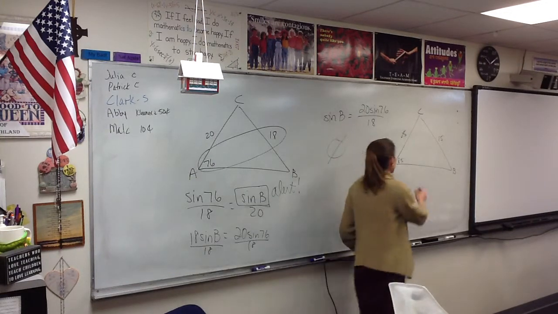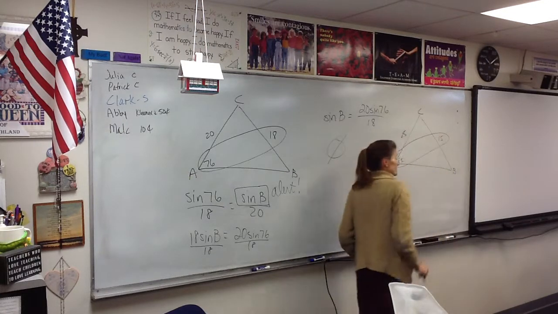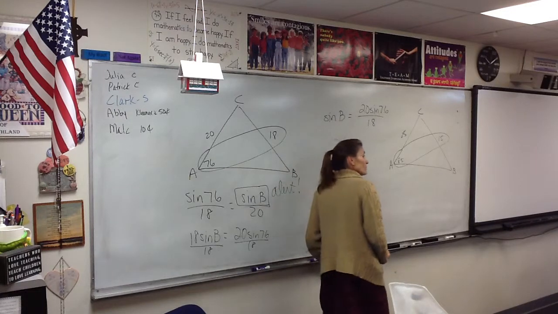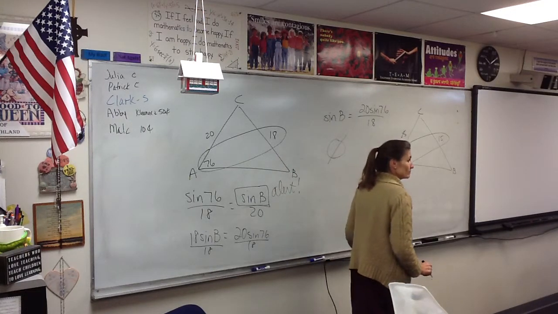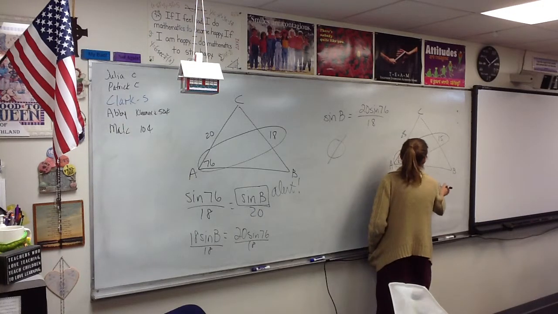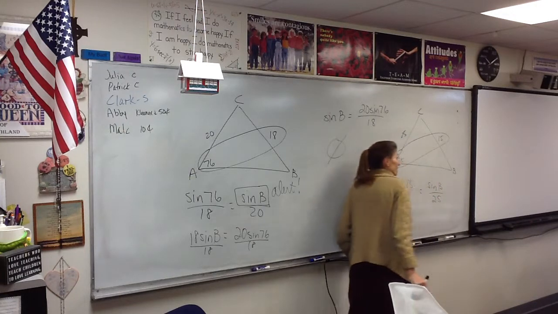We have to have a pair, right? Here it is. A set, angle A, side A. So what will the setup be? Sine 85 over 15 equals sine B over 25.